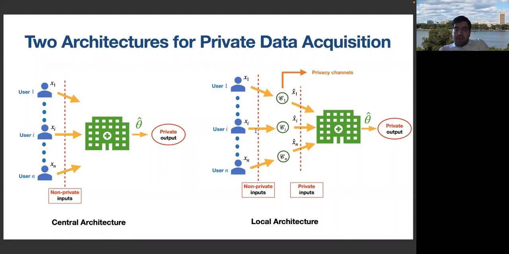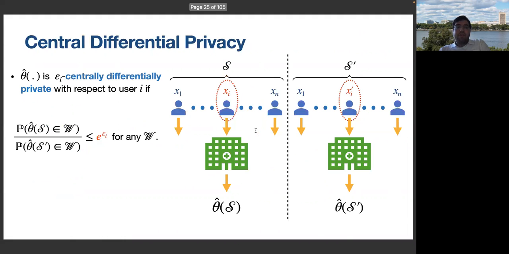As I also said before, we are going to use the differential privacy framework to quantify the privacy loss of the users. We use the pure DP definition with a slight generalization: we consider the case that epsilon_i's could be different for different users. What do I mean by that? We say that estimator theta hat is epsilon_i centrally differentially private with respect to user i if the following holds.